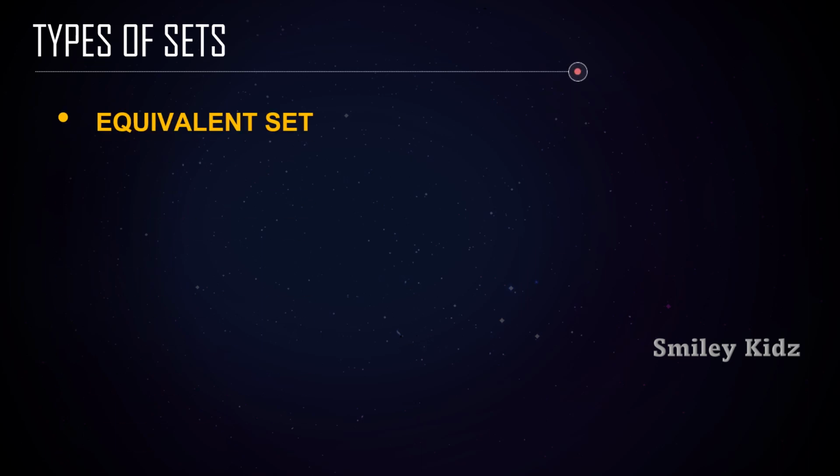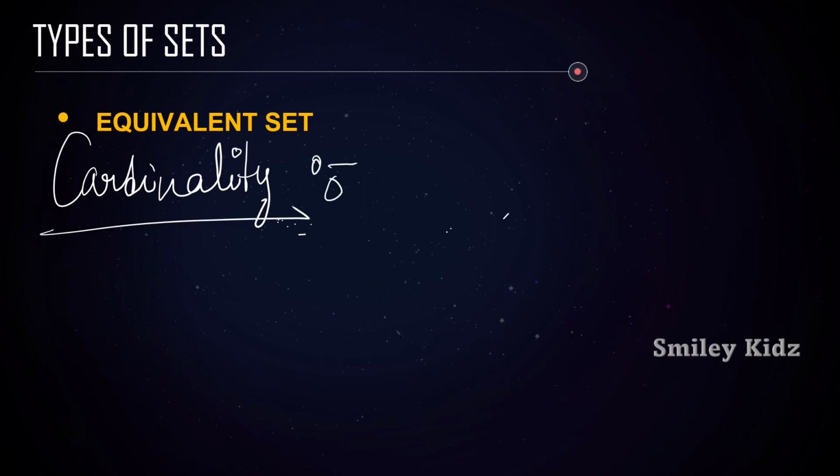Now tell me what an equivalent set would be. Well, here I'm going to introduce you all to a hefty term, that is cardinality. What is cardinality over here? Cardinality means the number of elements. Before I even talk about equivalent sets, I'll first talk about cardinality.